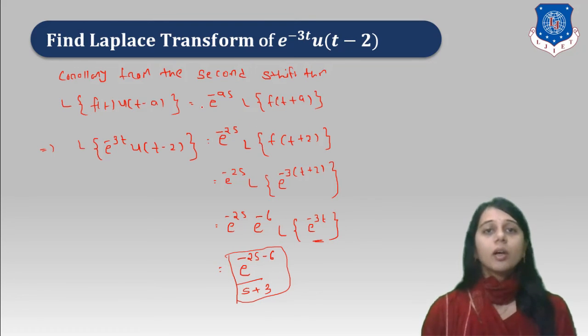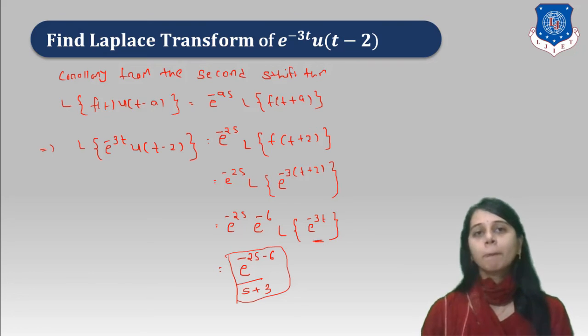Again, from the second shift theorem, we have deduced one corollary. If Laplace of f of t u of t minus a, so we get e raised to minus as Laplace of f of t plus a. We compare this example with this corollary, then we get this is your f of t and this is your u of t minus a. So what is a? a is 2.